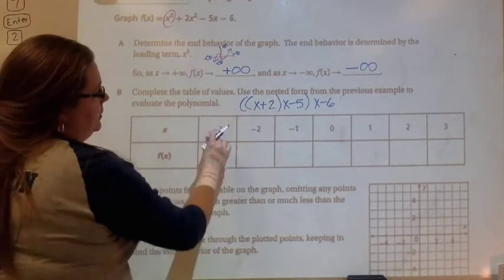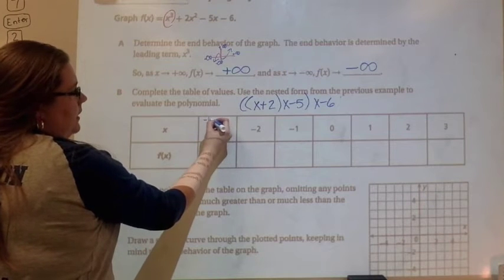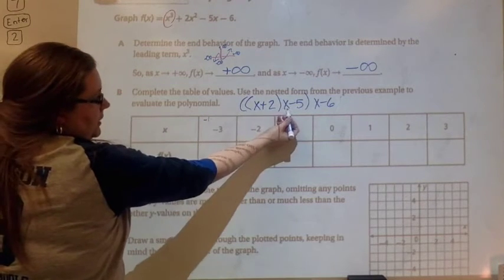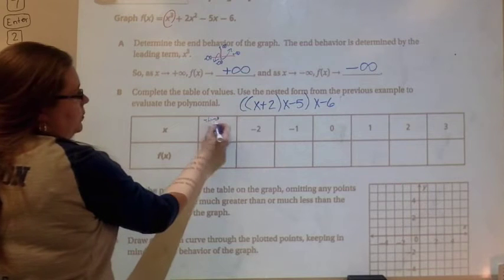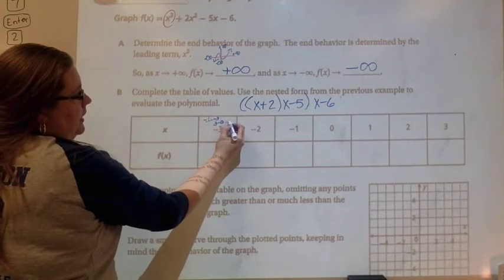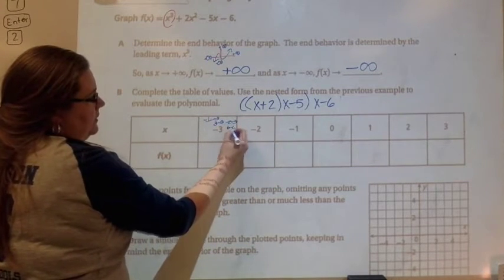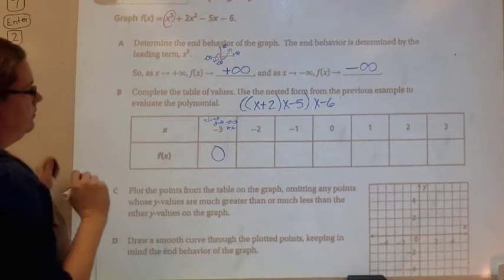Negative 3 plus 2 is negative 1, times negative 3, because you're putting x in there also, gives you a positive 3, minus 5 gives you a negative 2, times negative 3 gives you a 6, minus 6, which gives you 0.